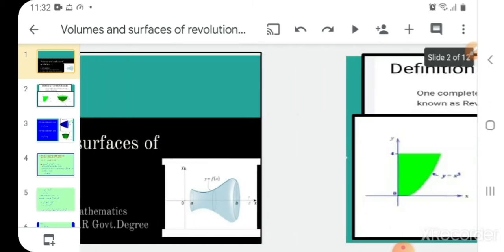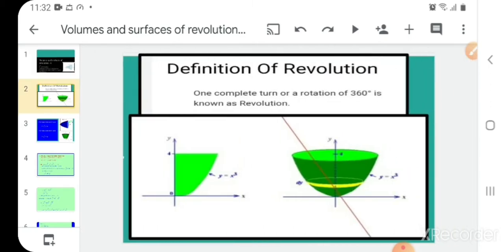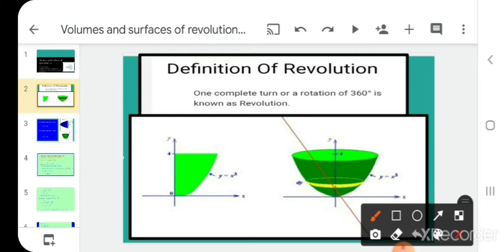Before going to that, I will explain again what revolution is. Revolution means one complete turn or rotation of 360 degrees. If a curve rotates a complete 360 degrees about an axis, we say that is a revolution. The earth revolves around the sun.